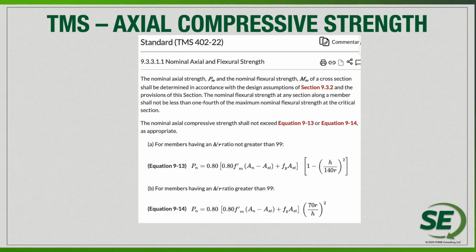So if it's not too slender, we can use the first equation, equation 9-13. If we have a height to r ratio of greater than 99, and we get a little bit more slender, we have a higher reduction value of 70r over h squared. So equation 9-14 would be more applicable in that situation.